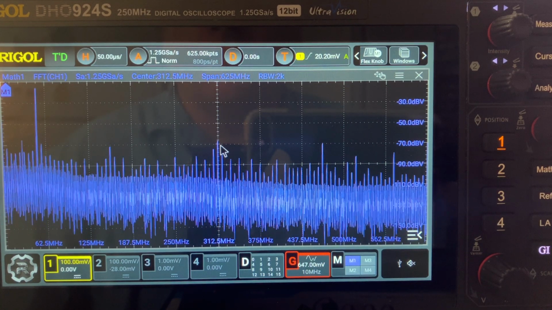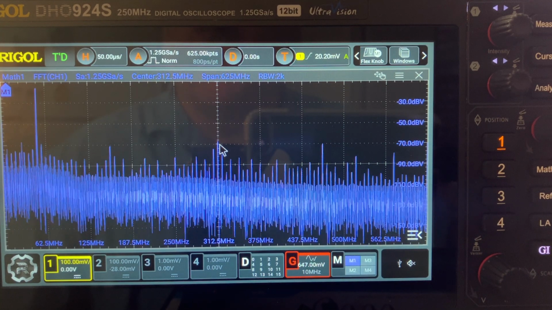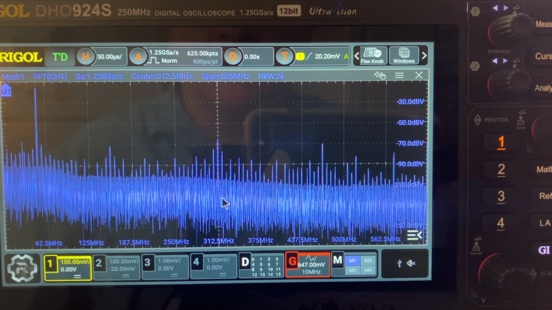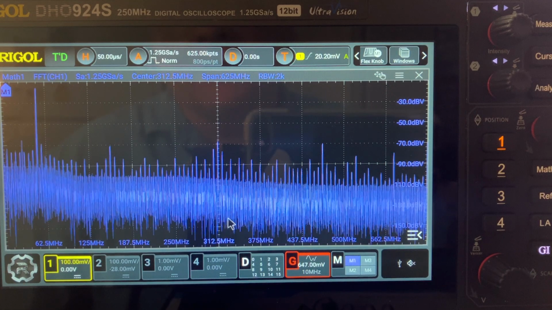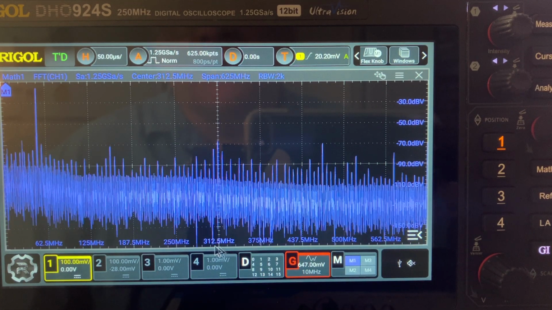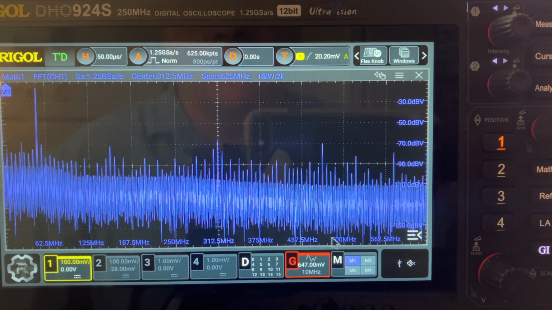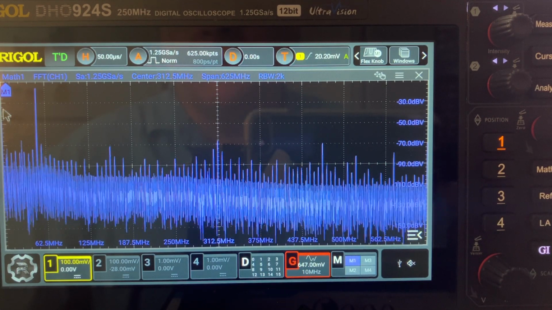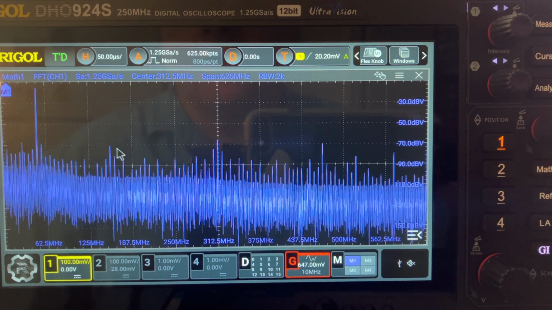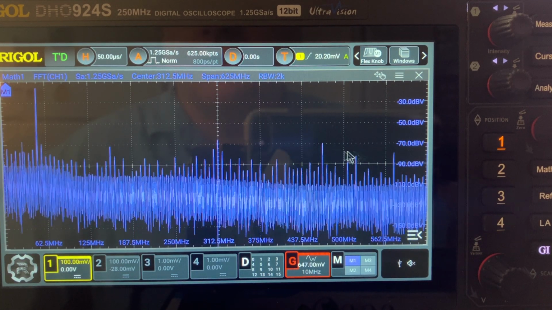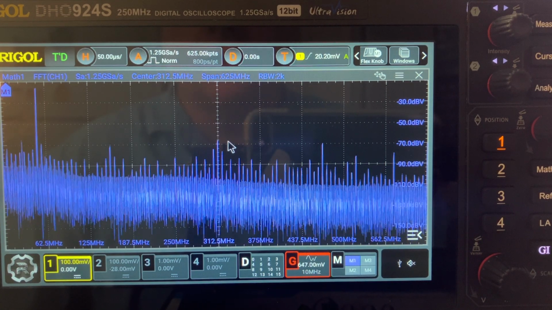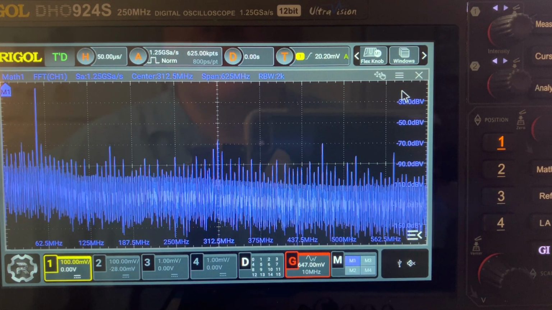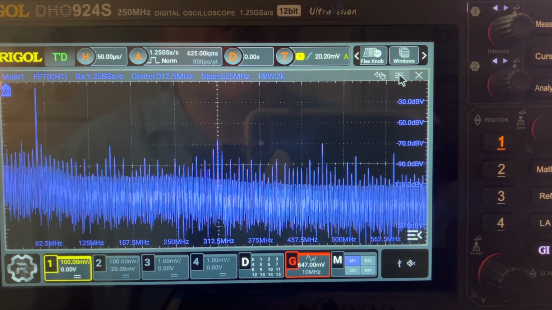The worst noise is at this point. So the sine wave is 50 megahertz plus an unwanted contribution at 312 megahertz, another here at 570, something like that. And it repeats itself many times. So basically, if you look at the worst offender, you will have an indication of what the noise is.